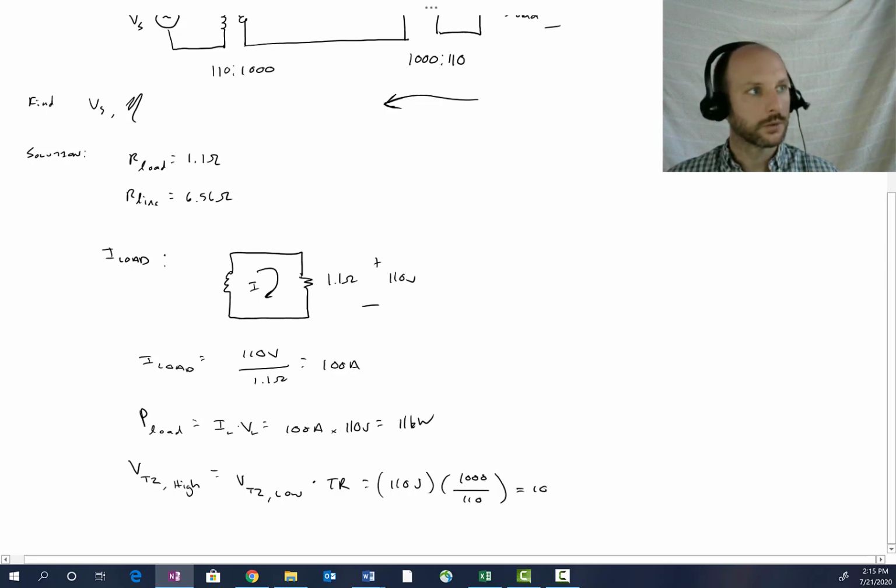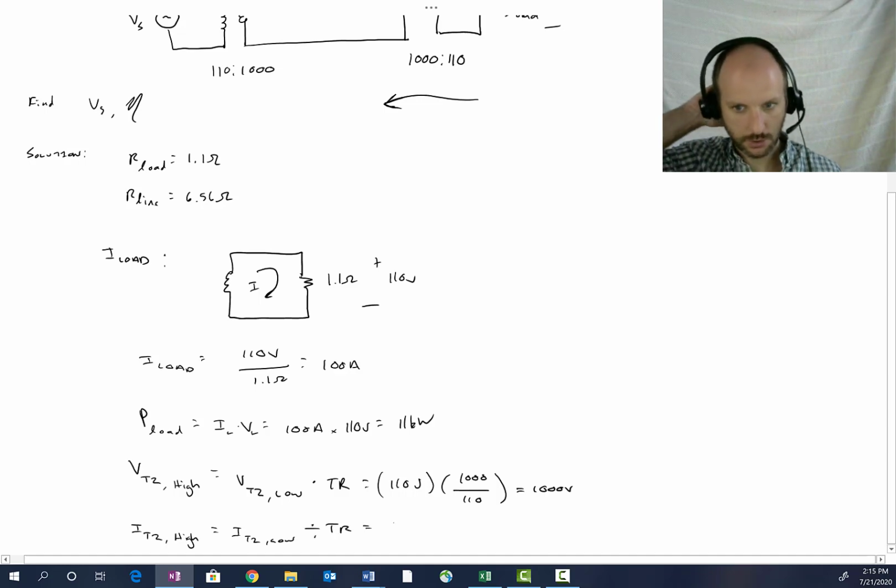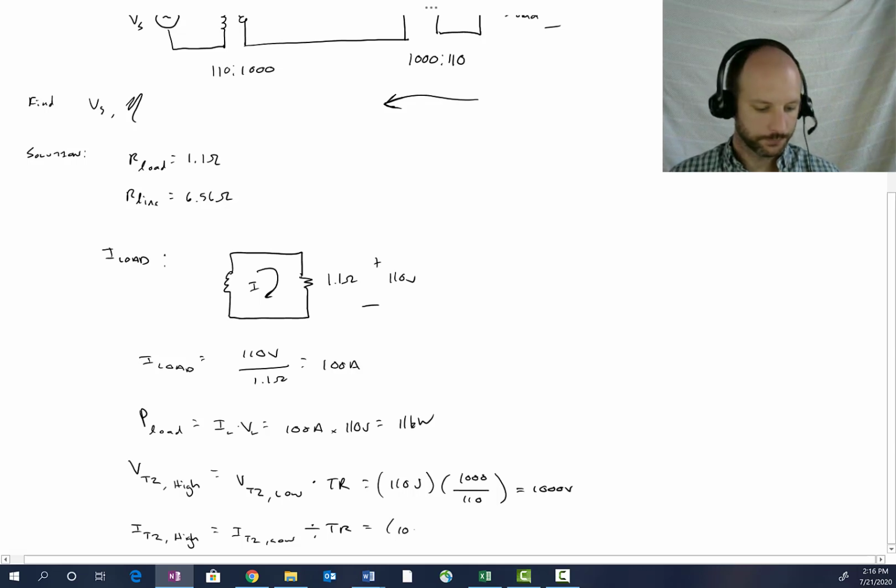Now we need to calculate the current flowing through the high side of transformer 2. We do that using the current flowing through the low side of transformer 2, but instead of multiplying by the turns ratio, we divide by the turns ratio. So we get, I'm sorry, not 110, it's 100 amps divided by 1000 over 110.